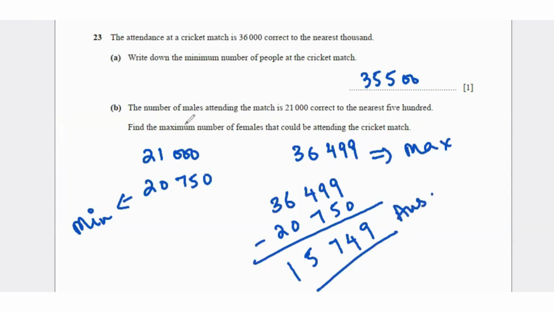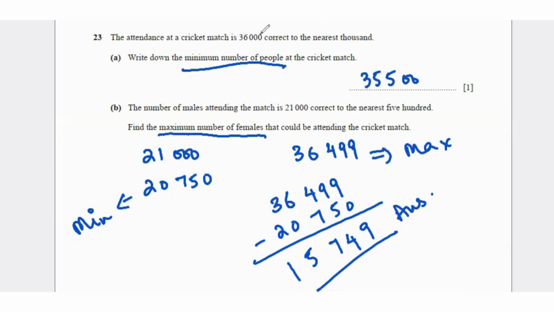So keep in mind what they're asking us to do. In the first question, they're asking us to find the minimum number of people. So minimum would be 35,500, keeping in mind that 36,000 was correct to the nearest thousand. Now they're asking us to find the maximum number of females. To get the maximum number of females, we have to use the minimum number of males and the maximum number of total attendance.